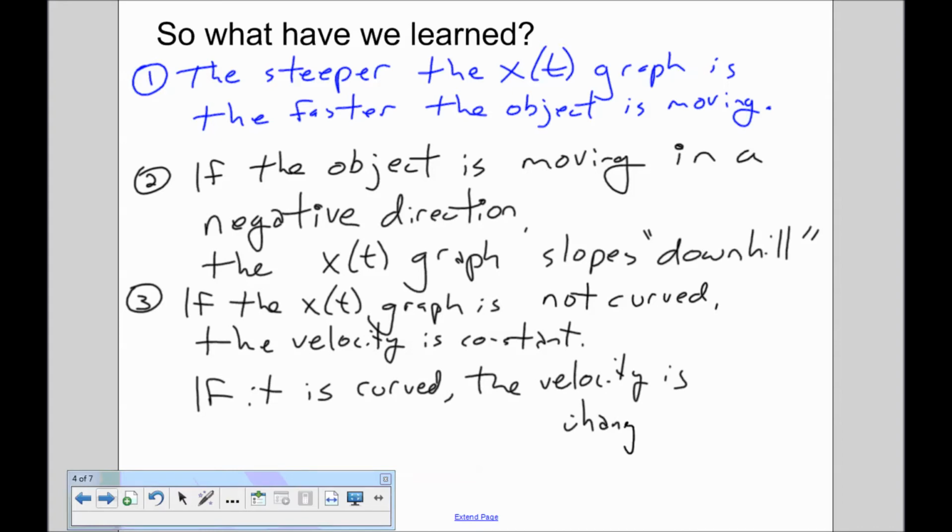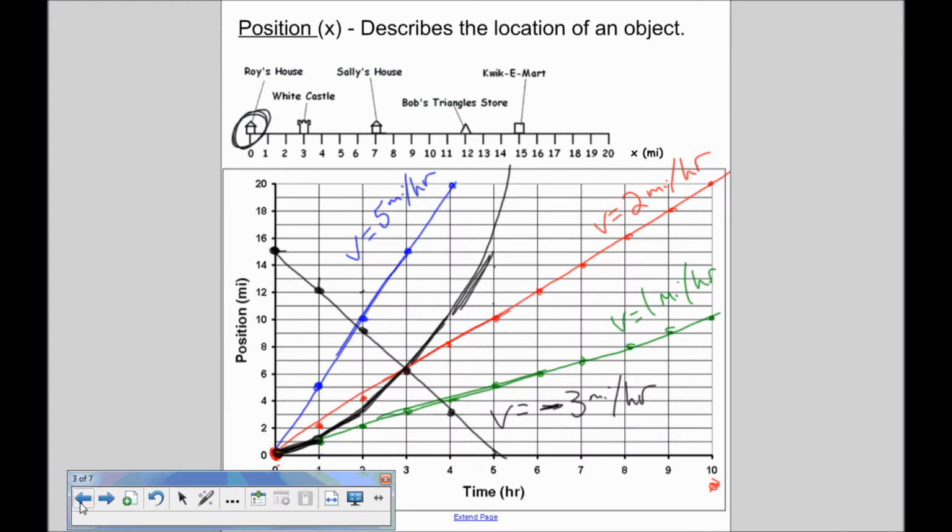And notice in that last example, the line started out not very steep, and then it got steeper, right? So that meant that the object was speeding up, right? Because steeper is faster. Okay?